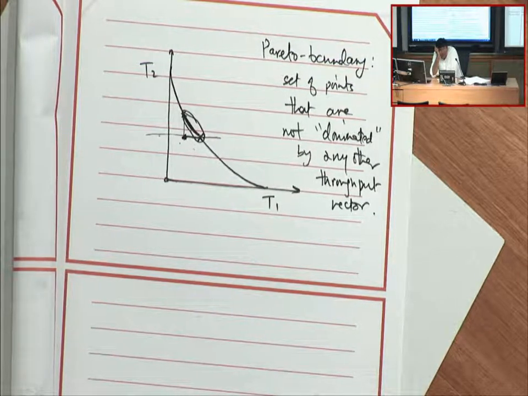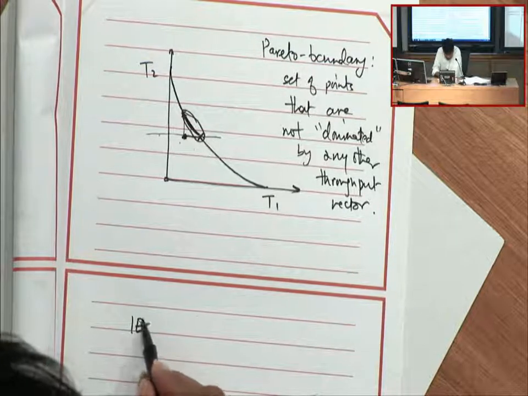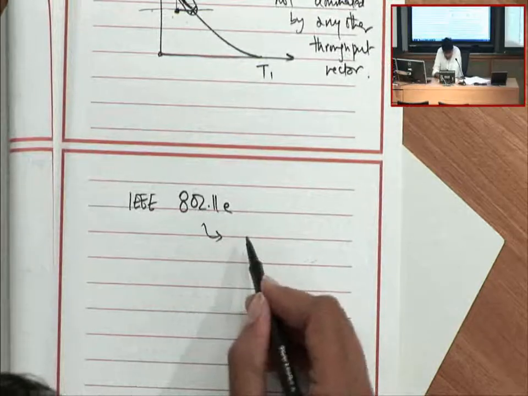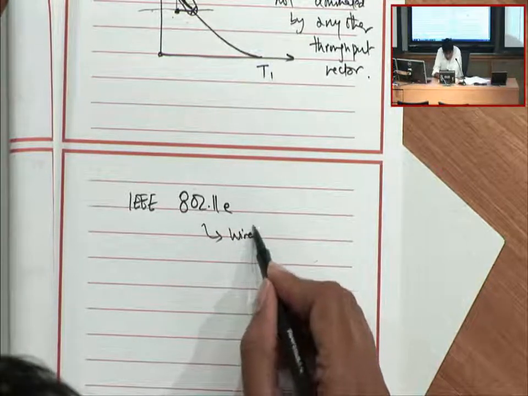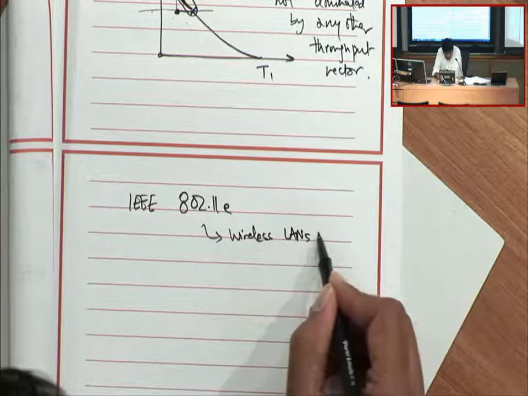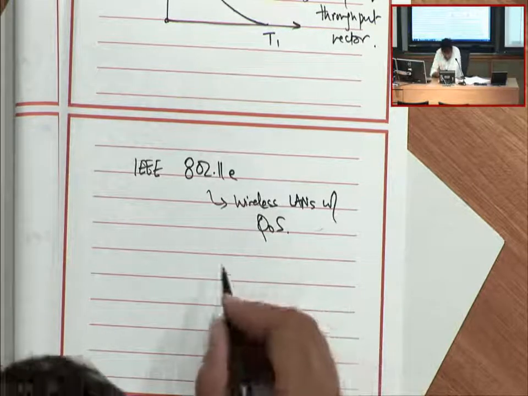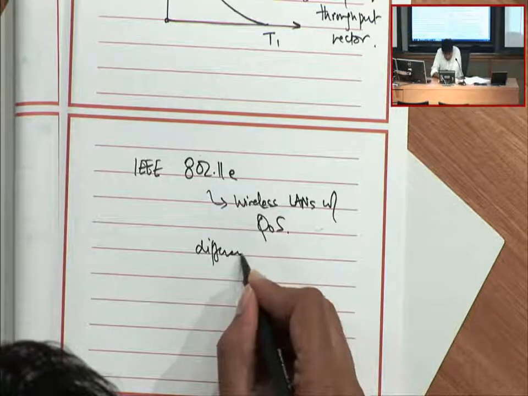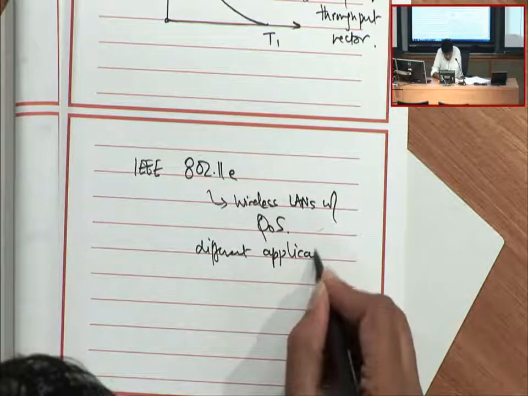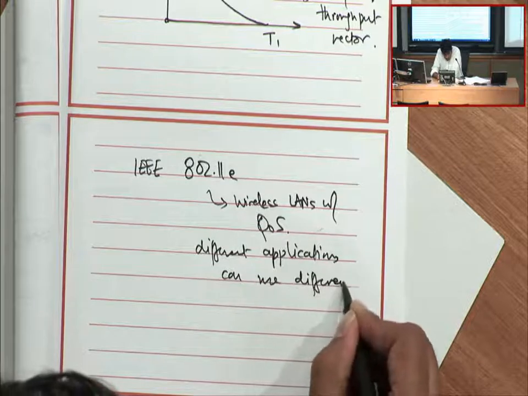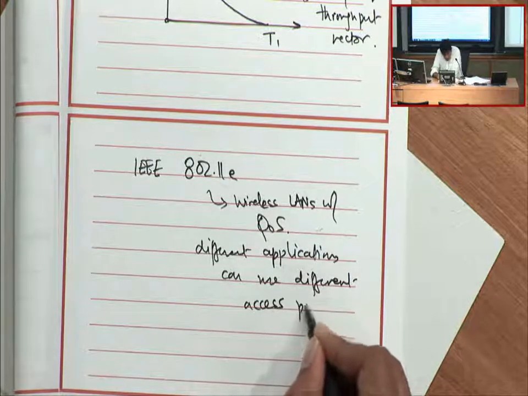But there is a variant of 802.11 that was proposed to allow for different quality of service for different applications, that's called IEEE 802.11e. And this was basically for wireless LANs with QoS. And in the 802.11e standards, different applications can use different access probabilities.